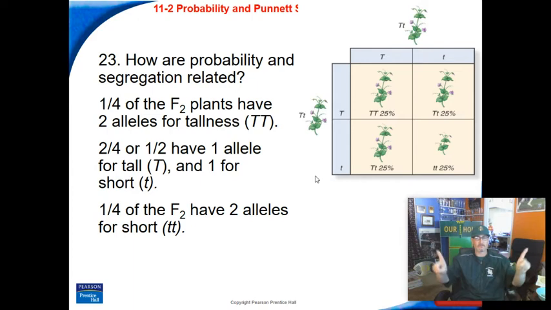And then, of course, during fertilization, both those little t's come back together, and you get a 1 in 4 chance. Okay? 1/4 probability of the F2 plants will have two alleles for tallness or homozygous dominant. 2/4 or 1/2 have one allele for tall and one allele for short.